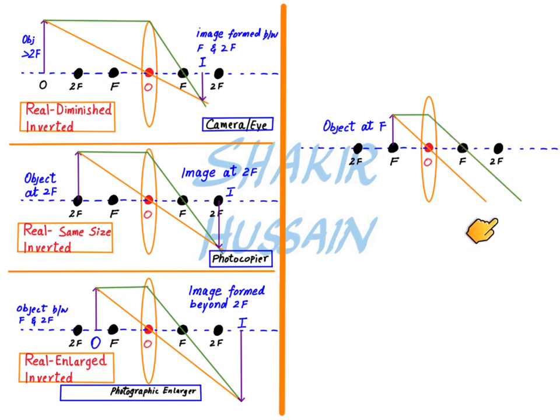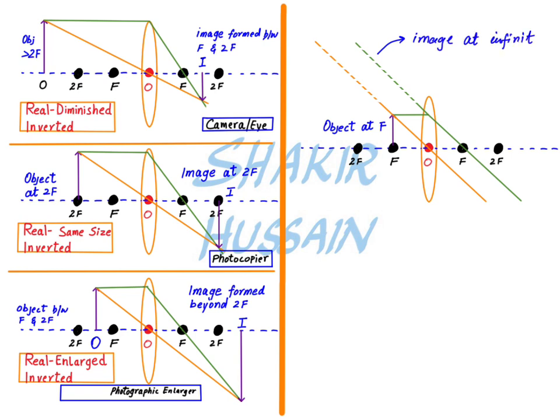The two light rays have become parallel. So that means the image is formed at infinity, at an unknown distance. So it's not a real image. The image is virtual, because the rays do not meet.